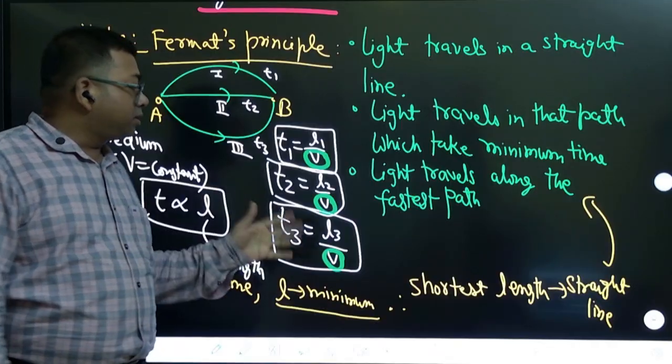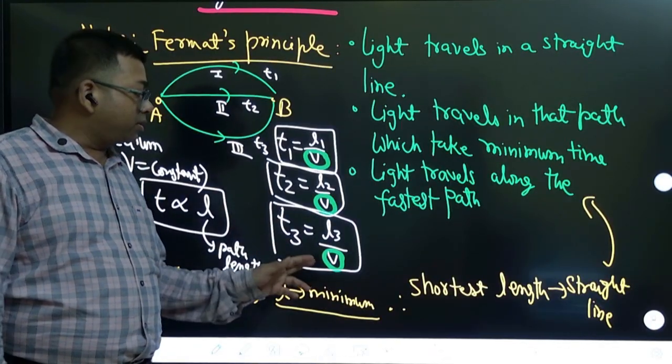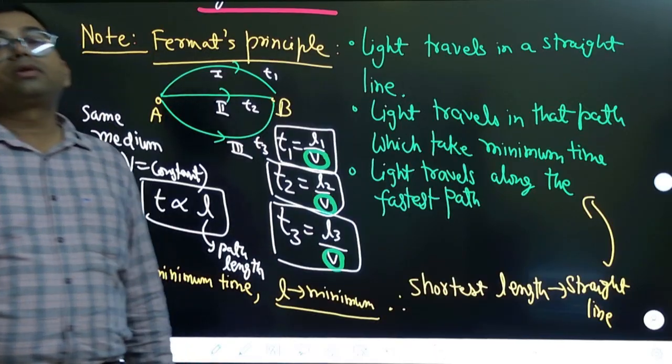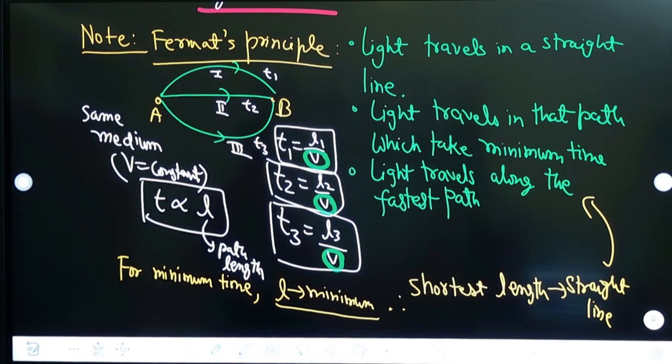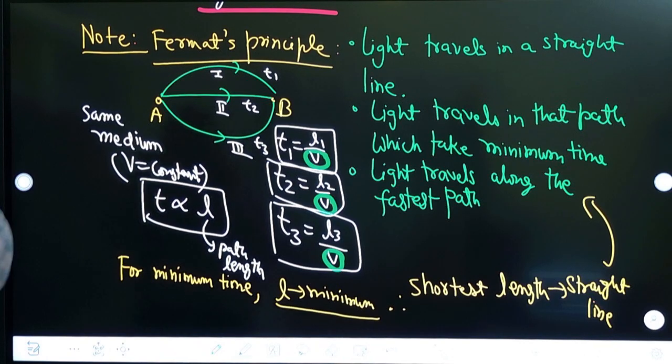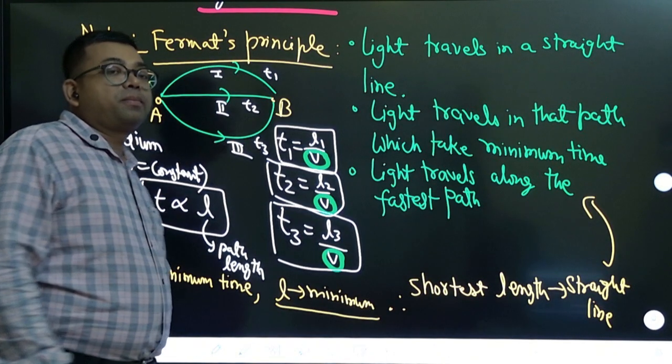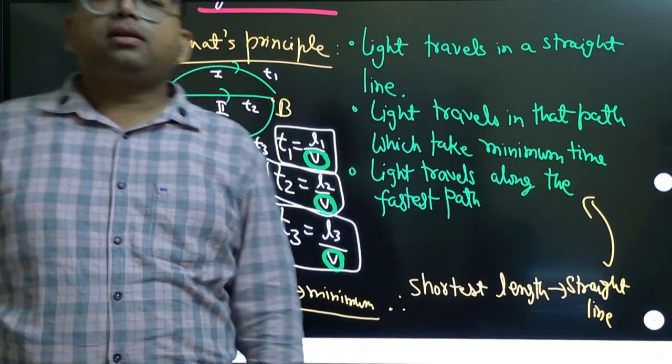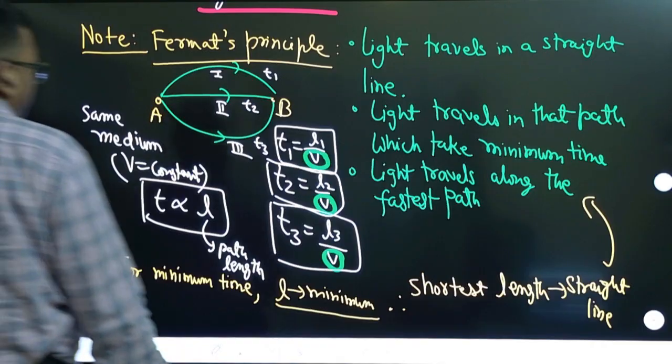Minimum time means distance has to be minimum, because here speeds are same. That is called Fermat's principle. Clear? So Fermat's principle. Then let us go to the next.